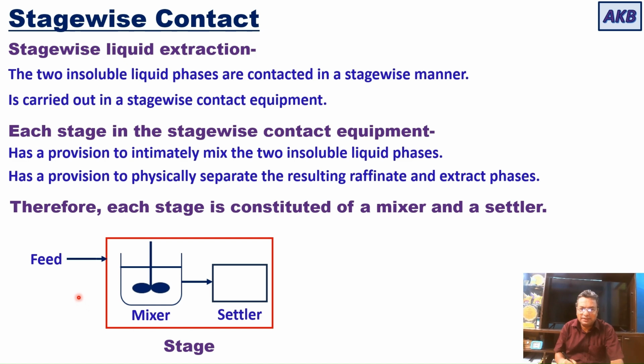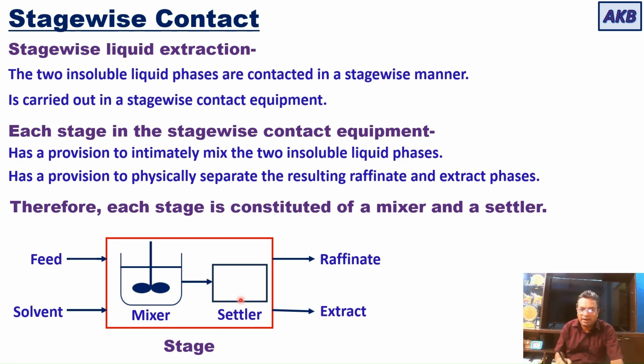Feed is admitted to the stage, and solvent is also admitted. The two liquid phases are mixed in the mixer, and the resulting mixture is transferred to the settler, where it is allowed to settle into raffinate and extract phases, and finally the raffinate and extract phases are removed from the stage.